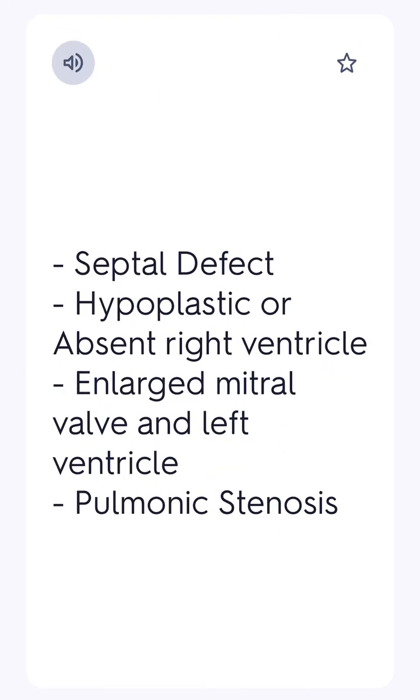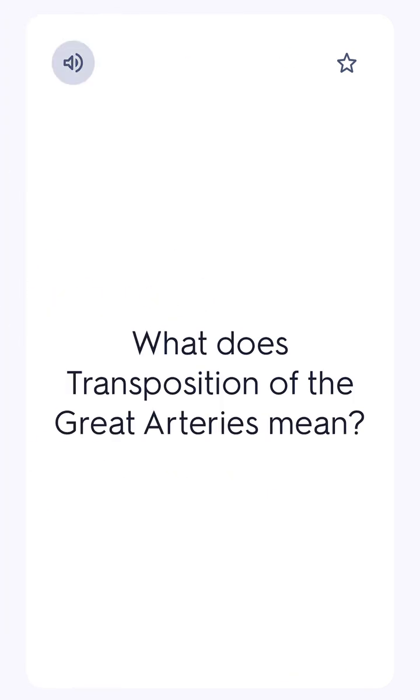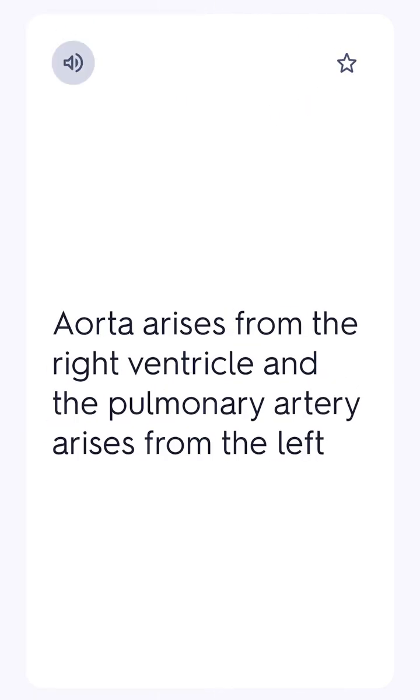Septal defect, hypoplastic or absent right ventricle, enlarged mitral valve and left ventricle, pulmonic stenosis. What does transposition of the great arteries mean? Aorta arises from the right ventricle, and the pulmonary artery arises from the left.